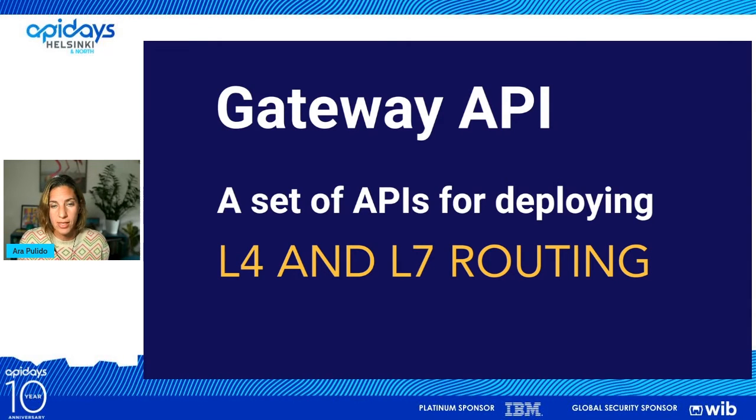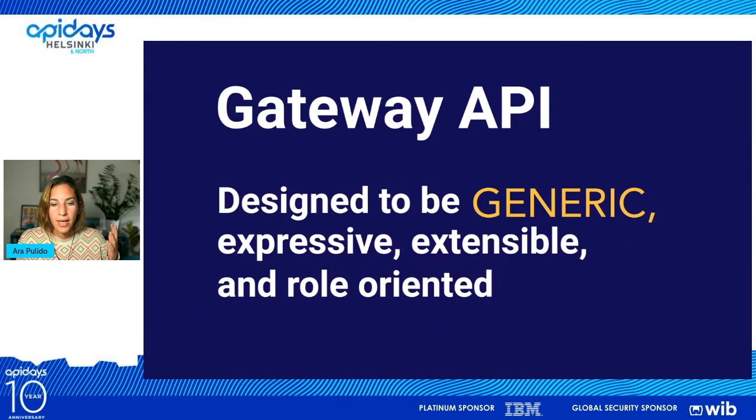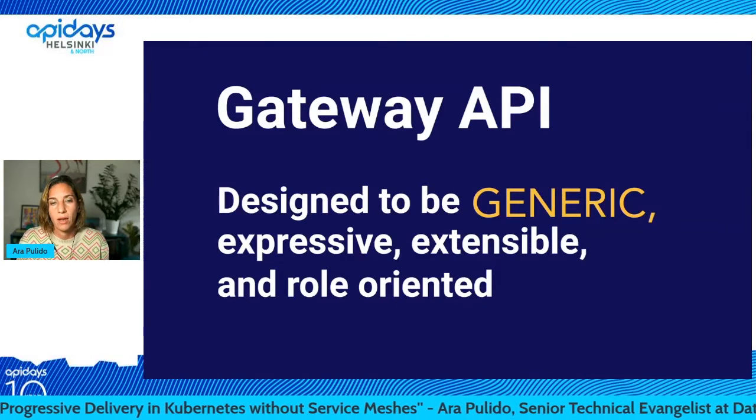Ingress is just L7. The Gateway API is a richer API that also does L4. And the Gateway API, and this comes from their website, is designed to be generic, expressive, extensible, and role-oriented. And I highlight generic because that's the main goal. That was one of the goals when they started working on this project.